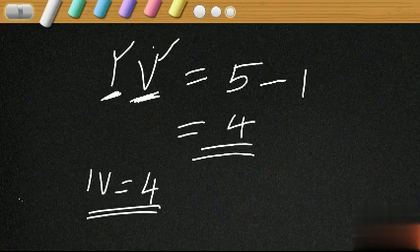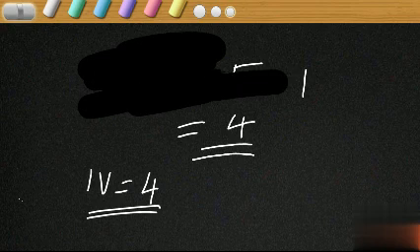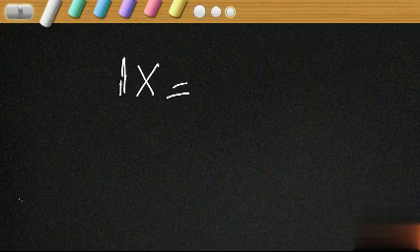Have you understood? What is the rule? If a smaller numeral is written on the left side of a greater numeral, the smaller one has to be subtracted from the greater one. Let me explain one more. IX. What will be the value of this? Here, I means 1, X means 10.